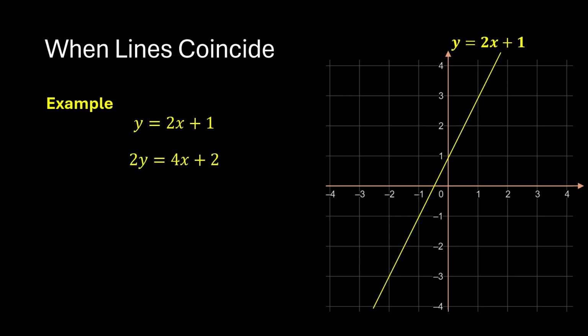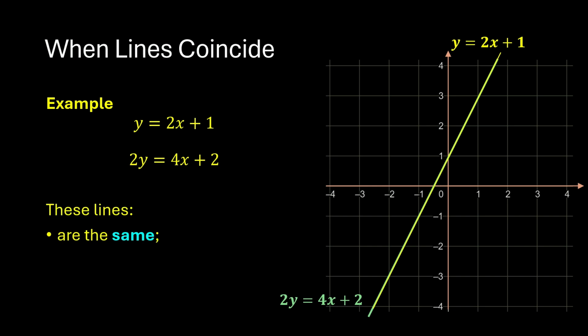But the line 2y equals 4x plus 2 is actually the same line, even though it looks different. And we have many examples of this, but this is just one example. So these lines are actually the same and have an infinite number of solutions.